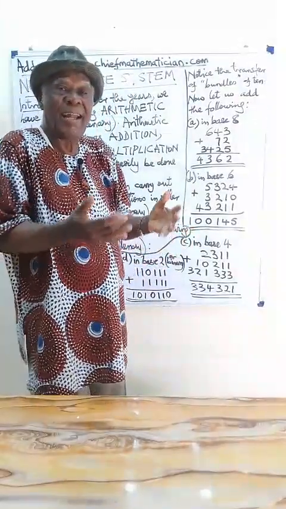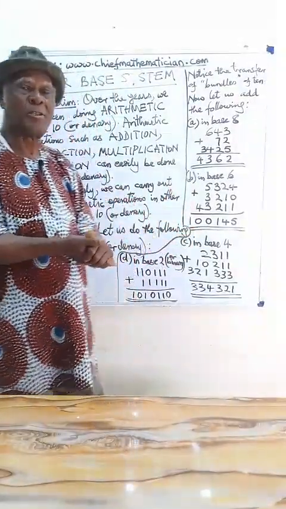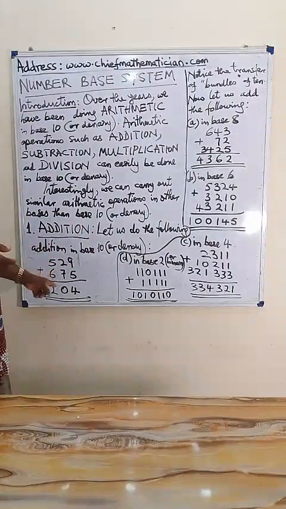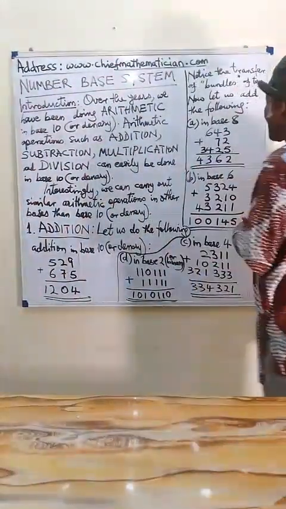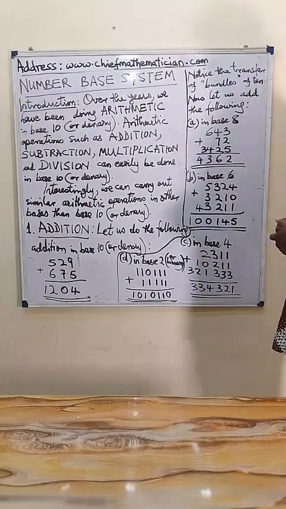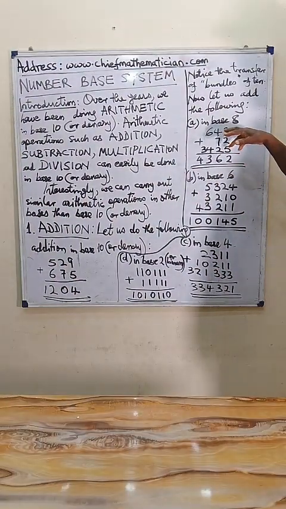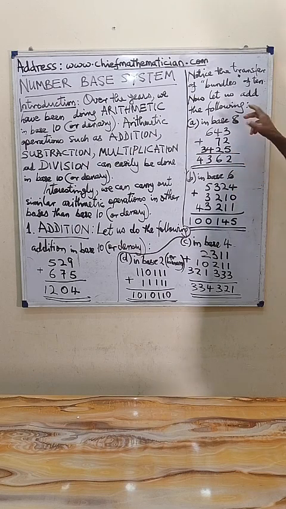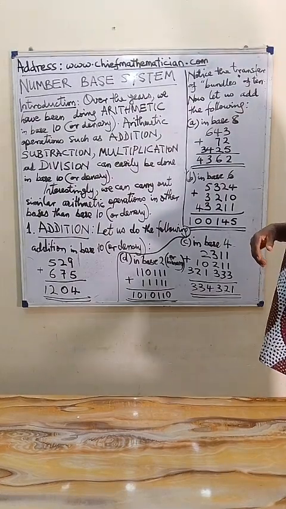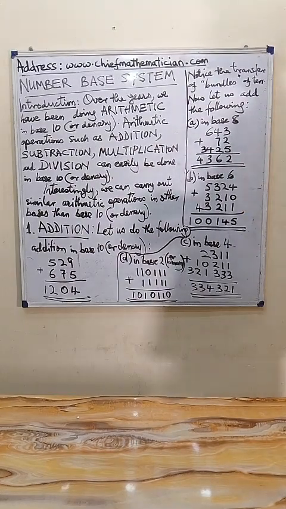Let us try and imitate what we did in base 10 in other bases. We are to add 643, 723, and 425. This time in base 8.